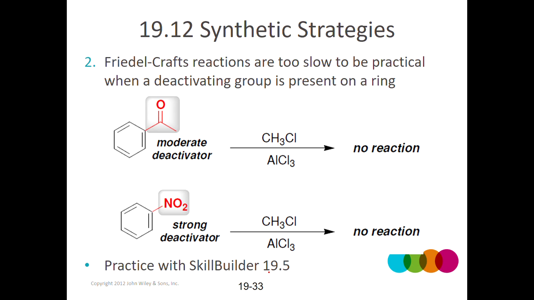One other limitation you want to be aware of, this is something we talked about before, you can't really do the Friedel-Crafts alkylation if you have any deactivating group. Because as we said, those groups pull electrons out of the ring, creating a lot of partial positive in the ring.